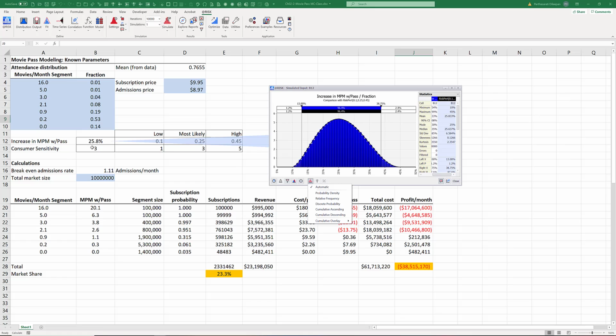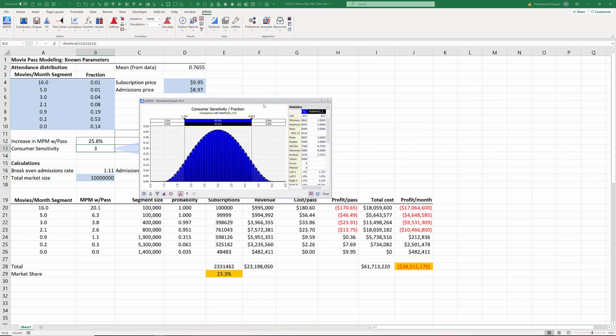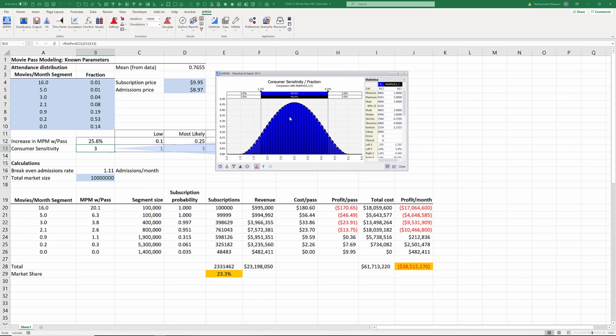Then you click on that one, and that will give you the distribution of simulated values for the sensitivity factor. Once again, by default, you're going to get 90% interval values.